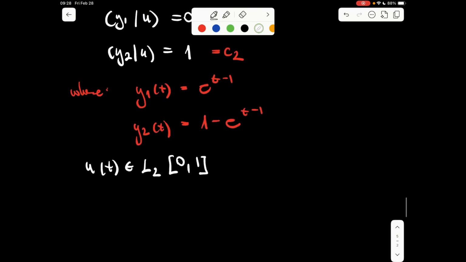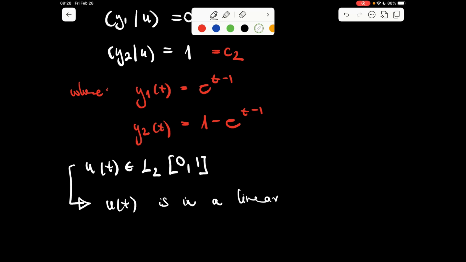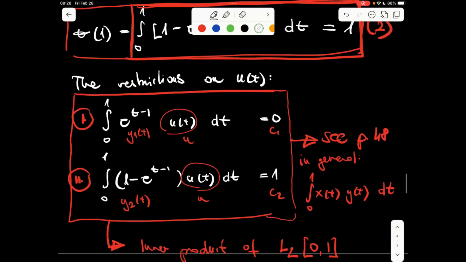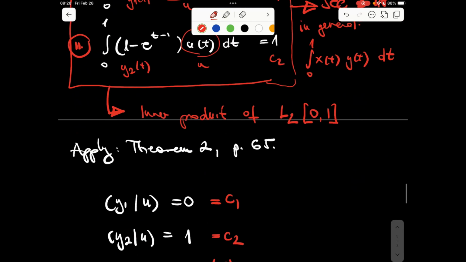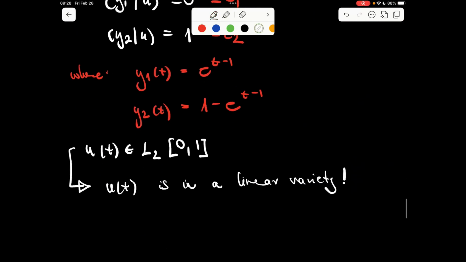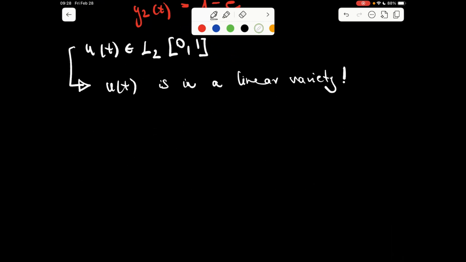So, according to theorem 2, the function with the minimum norm is in a linear variety, because, please remember, these two restrictions define a linear variety. Okay, so to find the function, we need the normal equations.